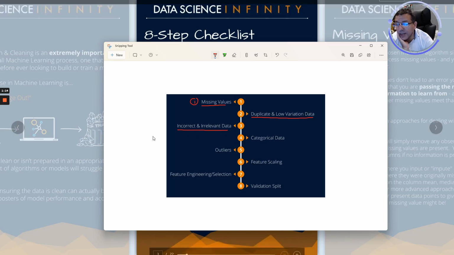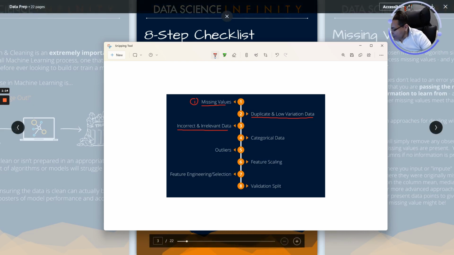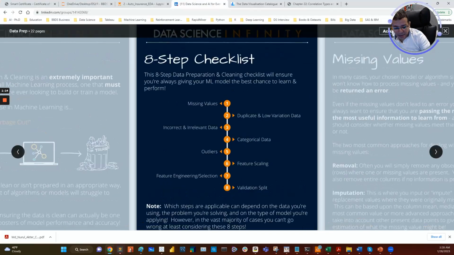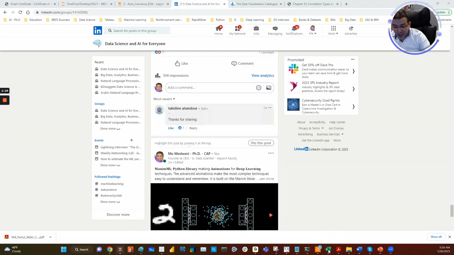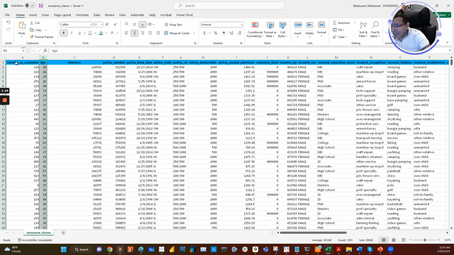Of course, we got age, month, and we got this Morocco. Where this Morocco is coming from, we don't really know. It's not related to our insurance. I am simply going to remove it. Regardless, I'm going to remove it. I don't care if it has value, but it's not related to the domain, not related to the topic, unless this data is from Morocco.